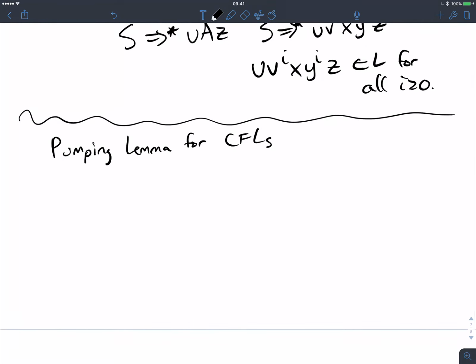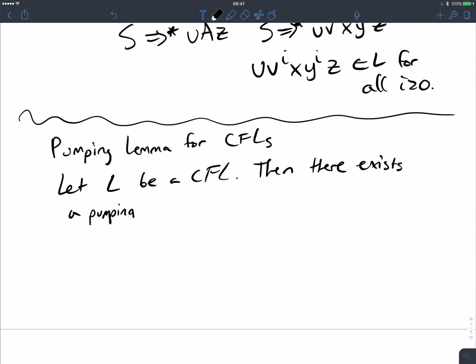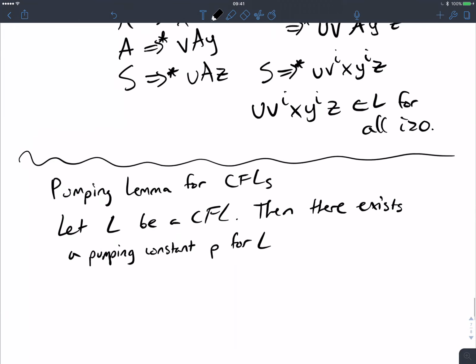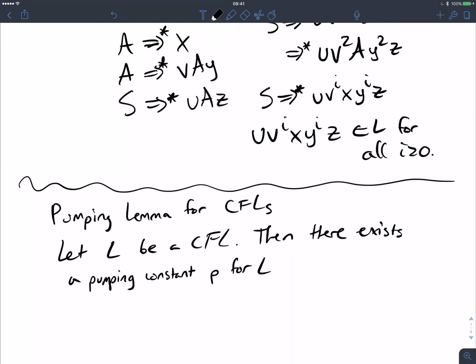Okay, well, let's see. Let L be a CFL. And this will go almost the same as the regular languages one. Then there exists a pumping constant P for L. Well, again, how did I get to this point?